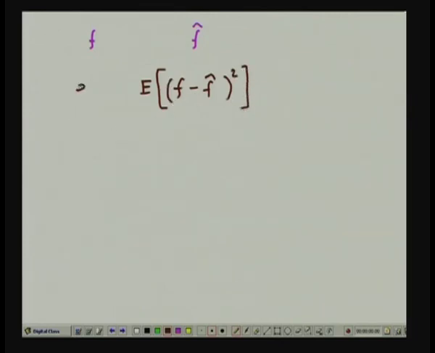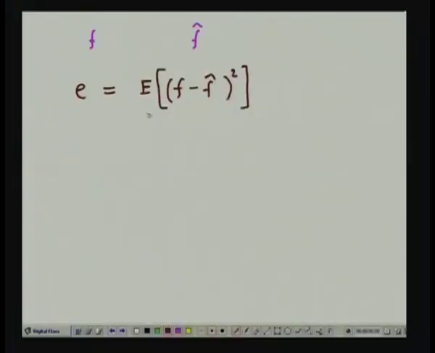So, the error value E is given by the expectation value of (f minus f hat) square, where f is the original image and f hat is the restored image from the degraded image. This gives you the square error, and Wiener filtering tries to minimize the expectation value of this error.